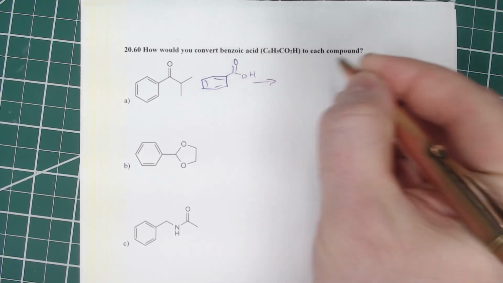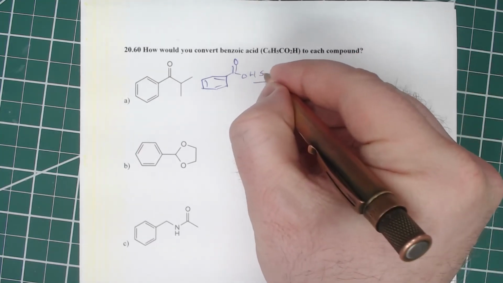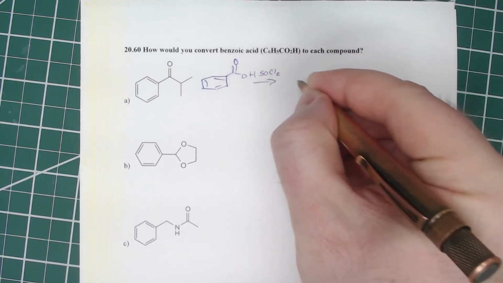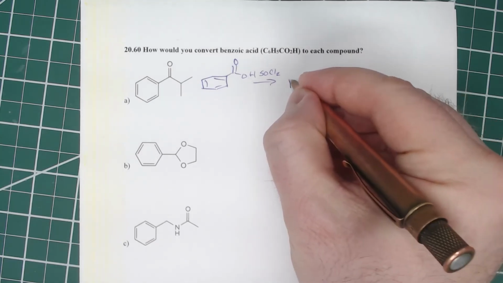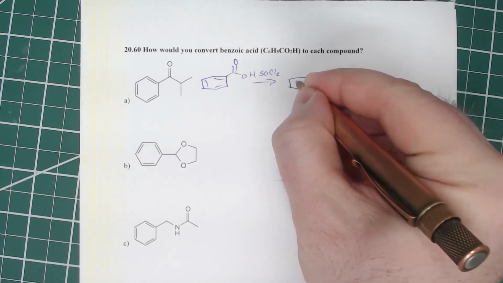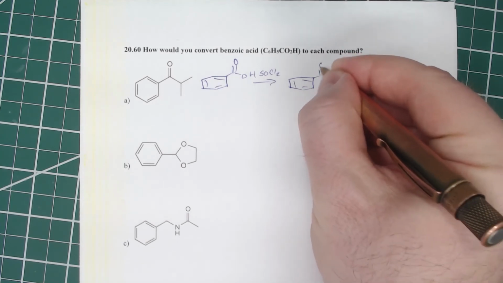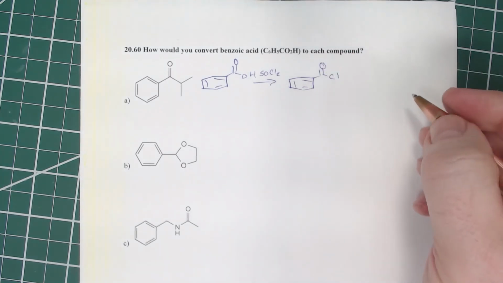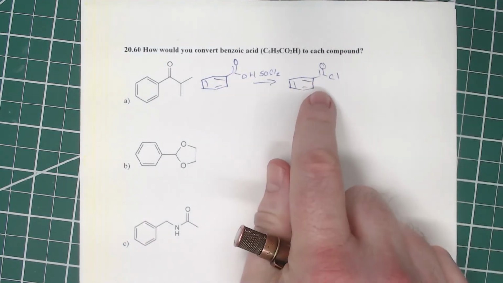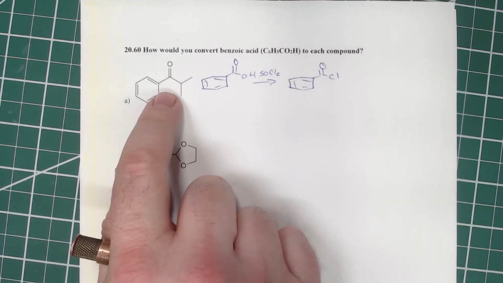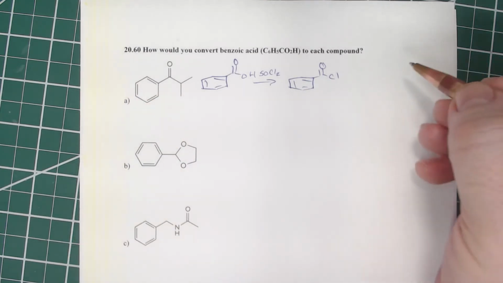All right, and we can convert that benzoic acid into the acid chloride with thionyl chloride. And then with the acid chloride, we can convert that into this compound directly by using the isopropyl organocuprate.